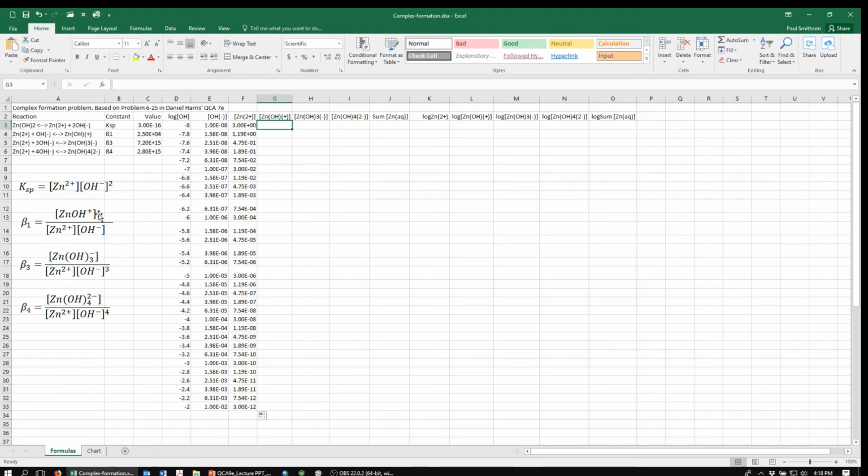So our ZnOH+ is going to be beta 1 times zinc ion times hydroxyl. So that's going to be equal to beta 1, we want an absolute cell address, times zinc, which we just calculated using the KSP, times hydroxyl, which is 10 to the log. All right.